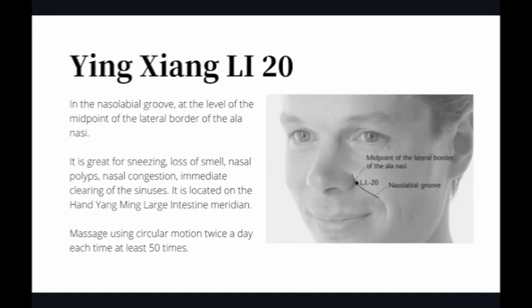You can do a circular motion going inwards, both sides, and do it 50 times morning and night. A lot of my patients do this before they have the hayfever symptoms. It helps to reduce sneezing. If you have a loss of smell or polyps or nasal congestion, it immediately clears the nasal.